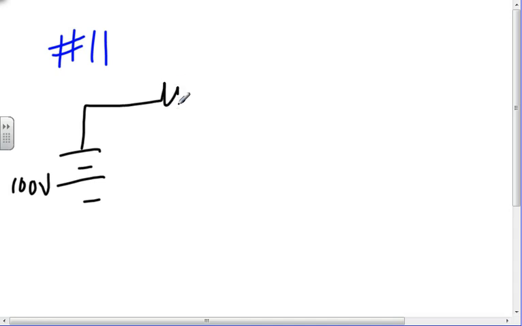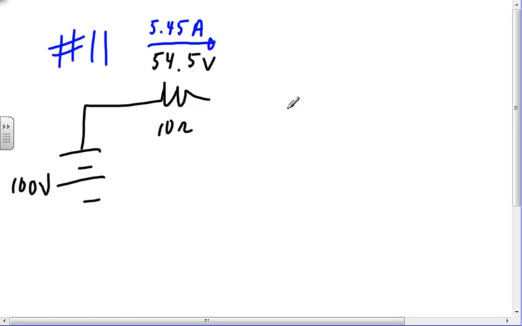I've got a resistor, 10 ohms, 4.5 volts. And if I go voltage divided by resistance, I know that I have 5.45 amps flowing in the circuit, and they have to be going that way. So it'd be nice to know that now, so I'll write it down.